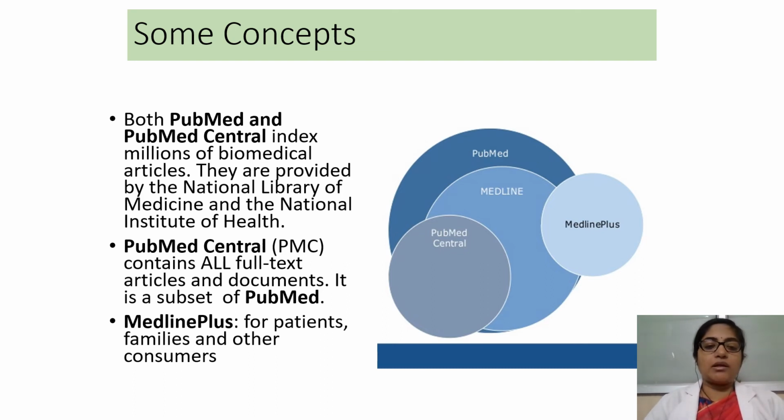MedlinePlus is for patients, families, and other consumers. As we talked in the beginning about the stakeholders, for the families, patients and other consumers, there is MedlinePlus. PubMed Central is a part of PubMed, Medline is also a part of PubMed, and MedlinePlus is also. You can see the interrelationship in this particular diagram.